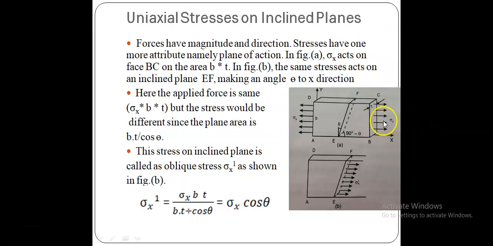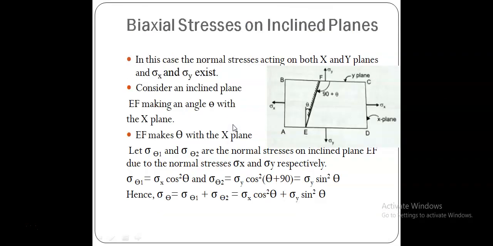Now we go to the biaxial stresses on inclined planes. In this case, the normal stresses act on both the x and y planes, that is, in both the x direction and the y direction.